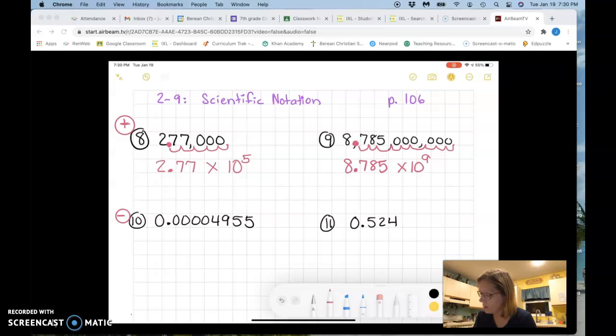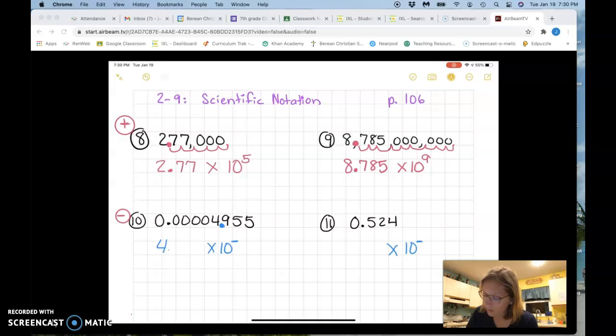So this time, every time I write my scientific notation, I'm going to have a negative exponent. So let's figure out how to write these numbers. Okay, so you want to make a number between 1 and 10. So put that decimal between the first two numbers that are not zeros.